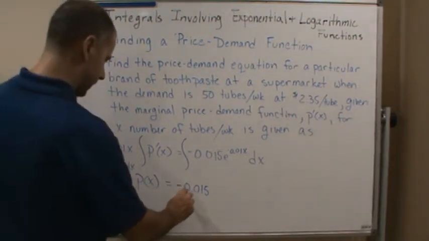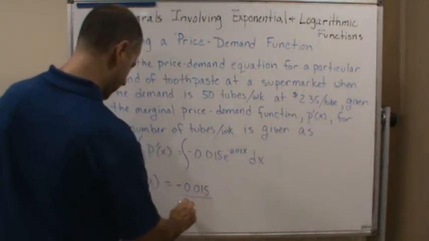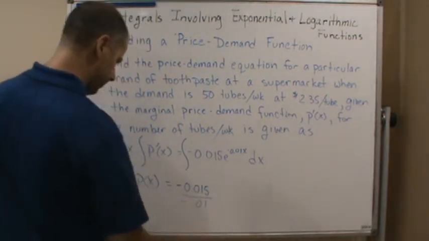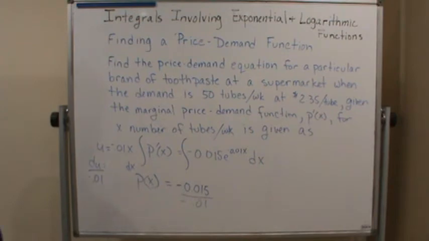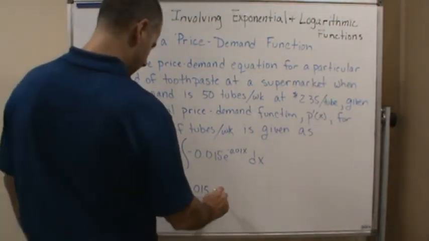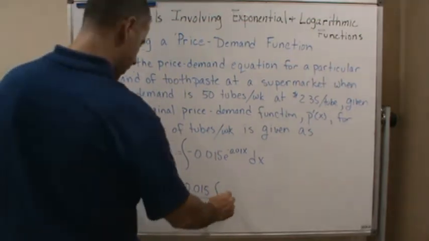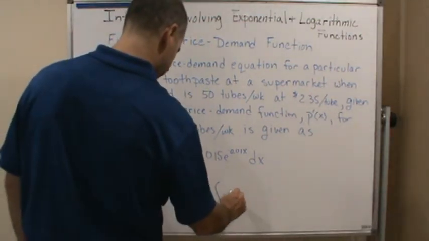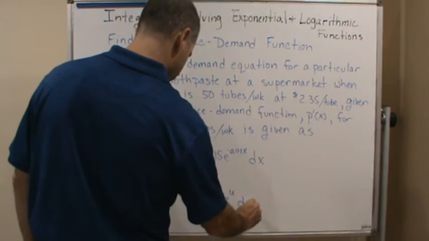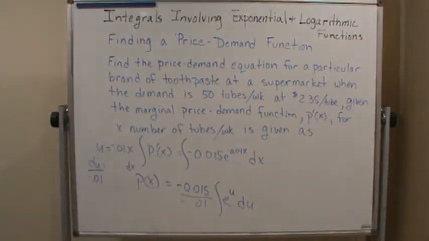And so now I'm going to have this divided by negative 0.01, and then the integral is going to be e to the u du. Okay, so far so good. That should make sense.